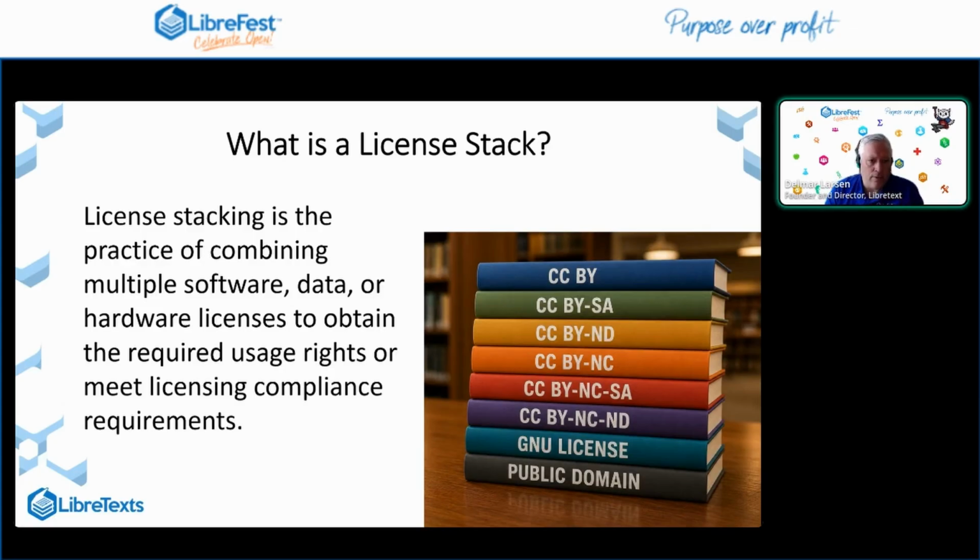It's not formally defined in law, but it's basically the practice of combining multiple software, data, hardware licenses, basically multiple licenses within a package. Each one has its characteristic license, and in using that resource, you have to be compliant with all the licensing that's there. That's actually part of the compliance issue that you have with the Creative Commons licensing that's in place there.